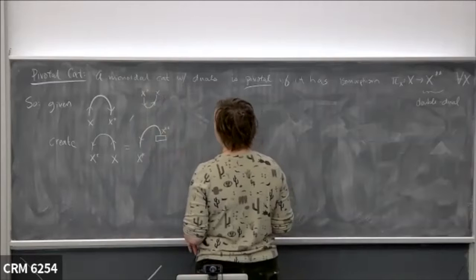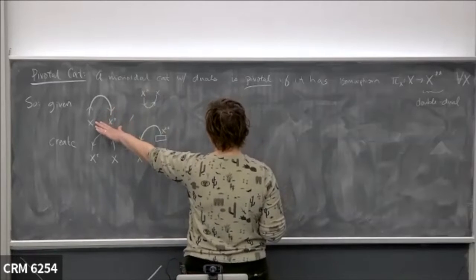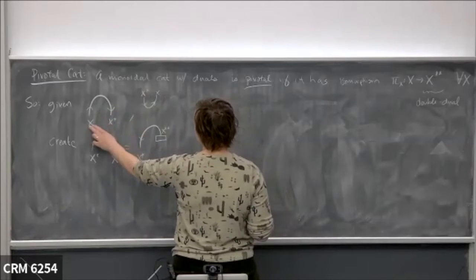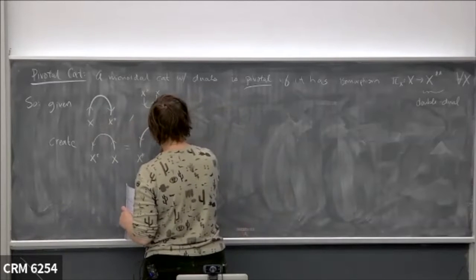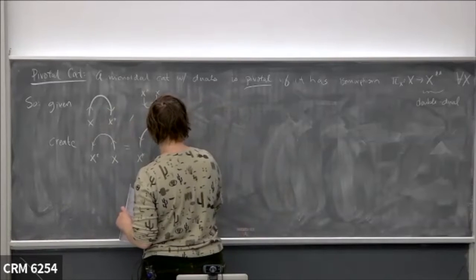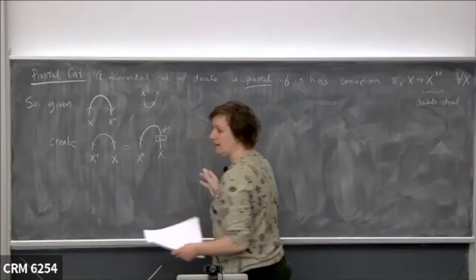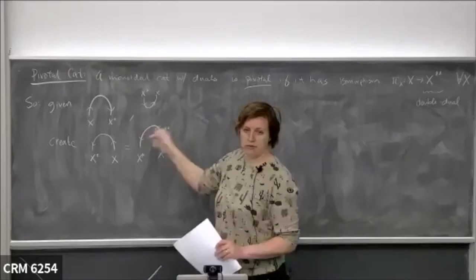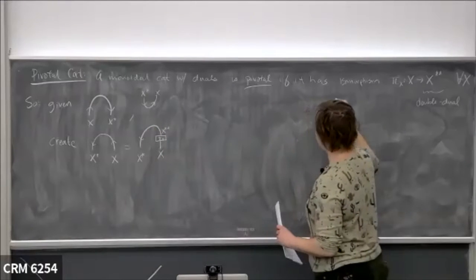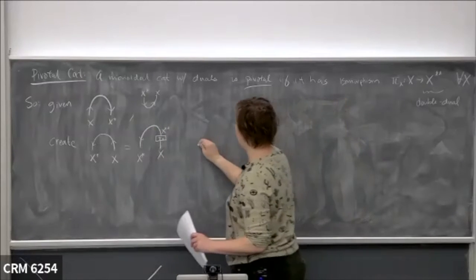And of course, since we have this for all values of x, we have this for x dual and x double dual. And then we put our pi x in here that sends x to x double dual. And we get this. So whenever we draw this kind of cap, we mean use the pivotal structure to create it.